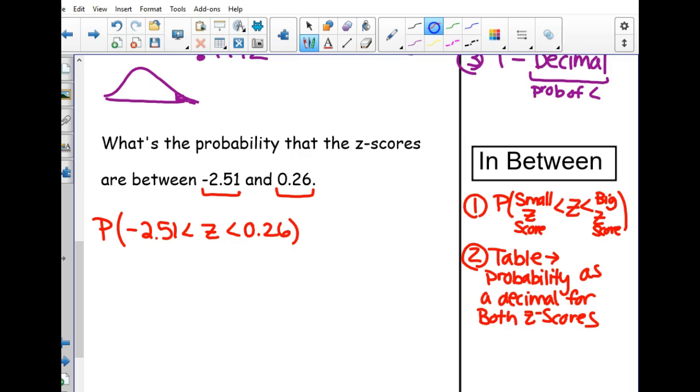Does anyone need help with the chart? I'm going to draw arrows right under these, just to stay organized. It doesn't matter how you stay organized. I'm not going to grade you on this part. But this is where I'm going to write the probability for both z-scores. Did anyone get negative 2.51?